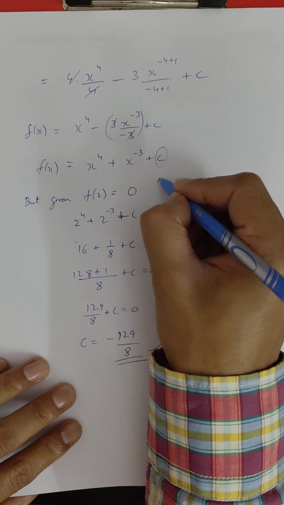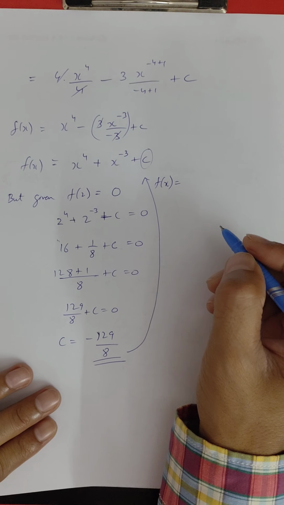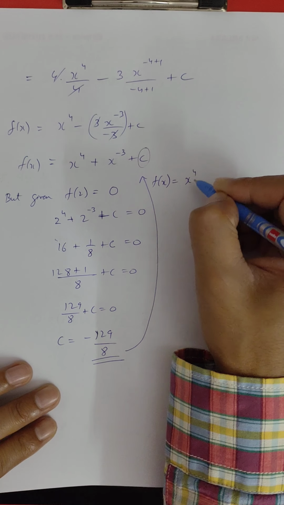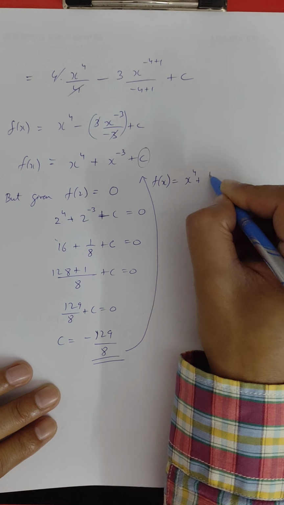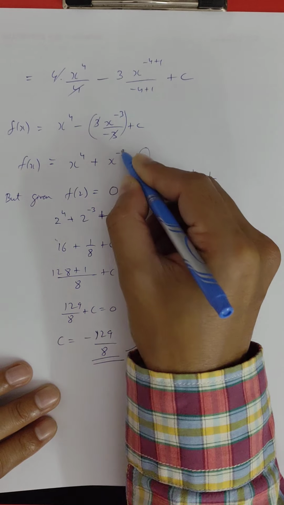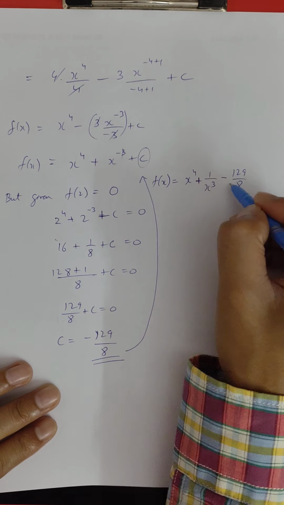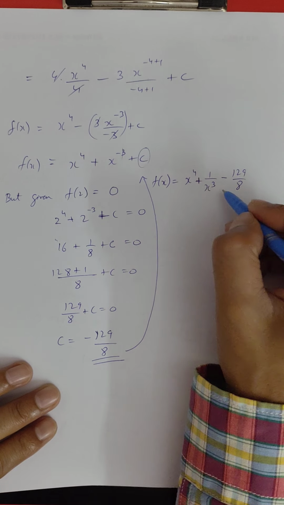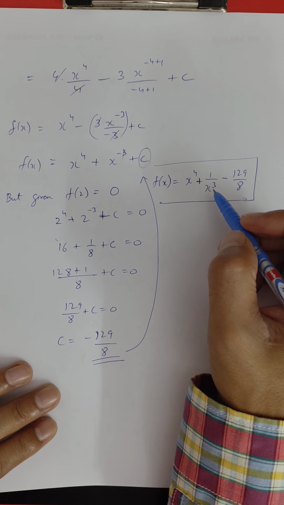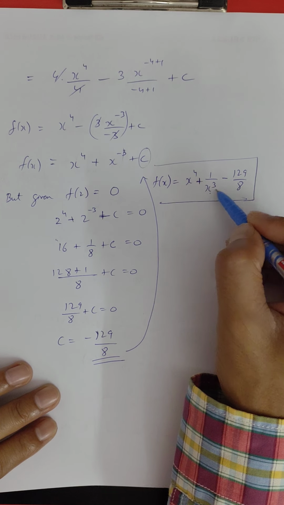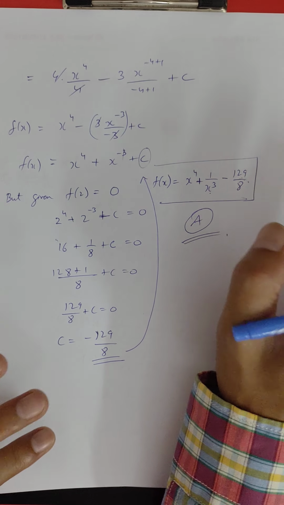So if you take this to this equation, our function f of x is x power 4 plus 1 by x cubed, minus 129 by 8, because the value of c is minus 129 by 8. Do we have this option? Yes, x power 4 plus 1 by x cubed minus 129 by 8. So the correct option here would be A.